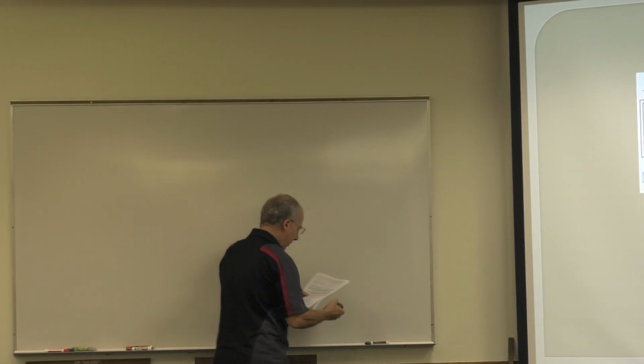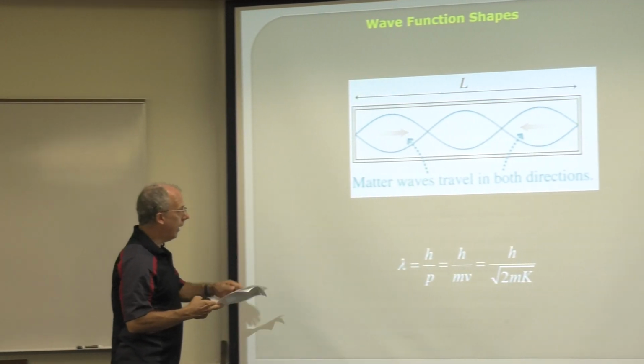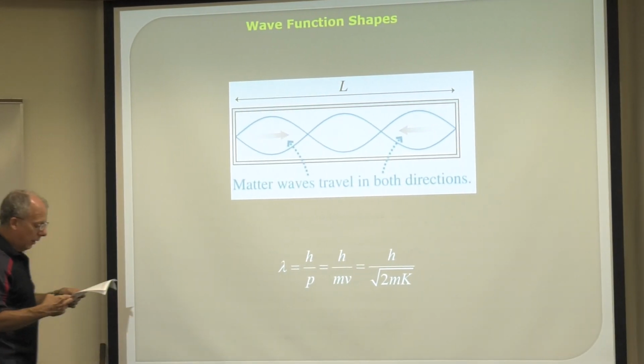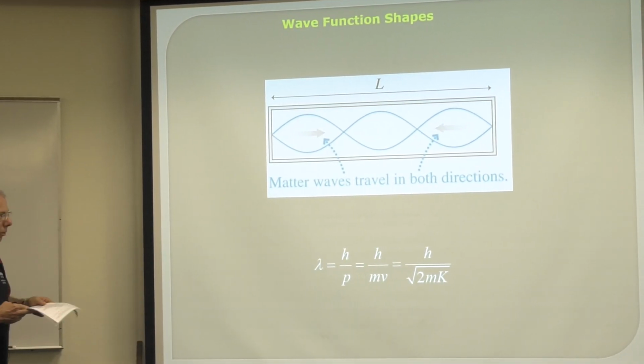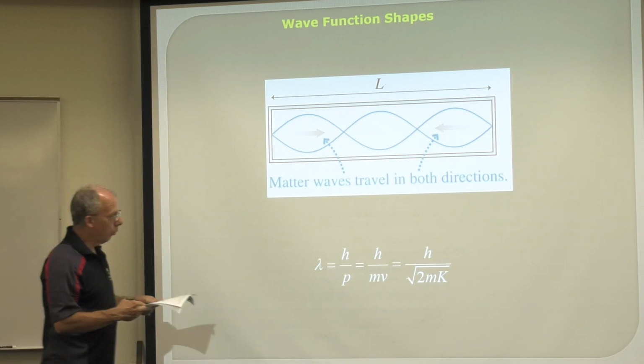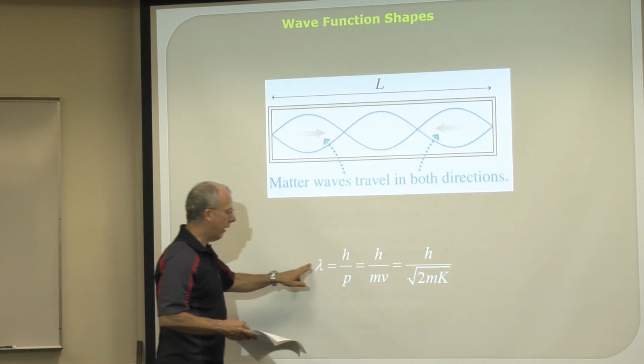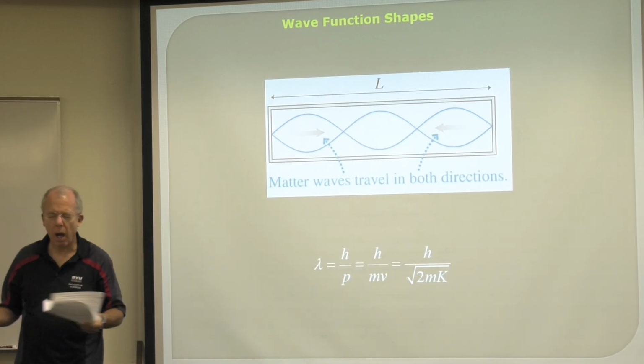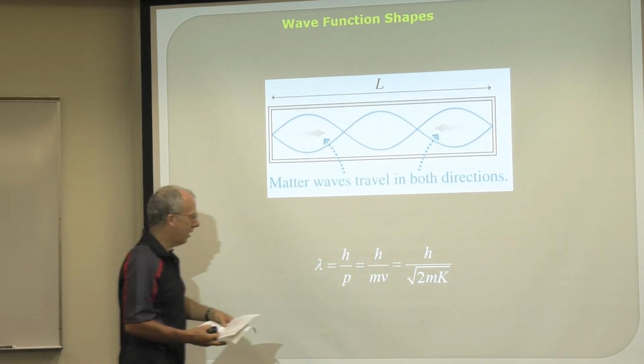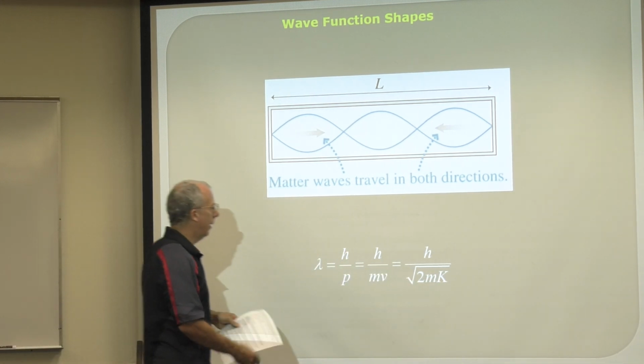All right, so let me go back. Okay, so again, we're thinking of a bound state wave function as a de Broglie standing wave, which we've talked about in the past. Now, when the kinetic energy is small, what do we expect the wavelength to be? Well, large, right? Large, because kinetic energy is in the denominator.